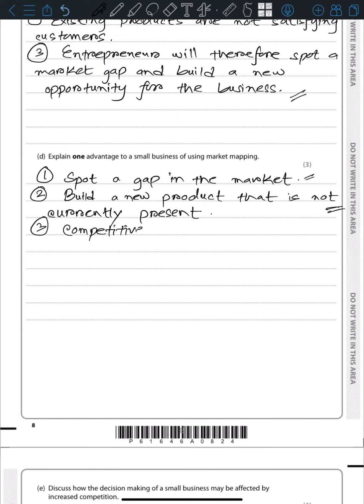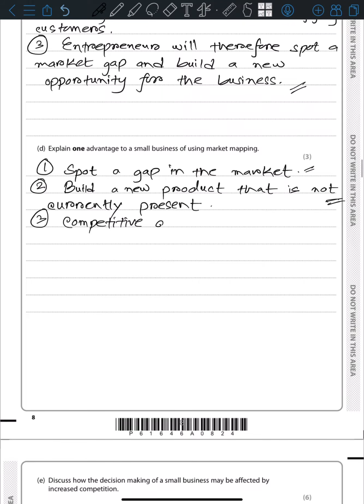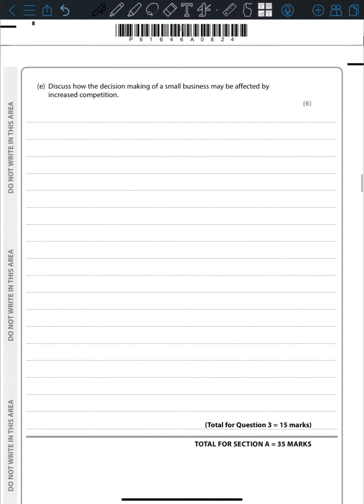Because our rivals are not currently making that product, we gain a competitive advantage. Therefore, more market share. All right, 3 points, building upon each one, same drill.